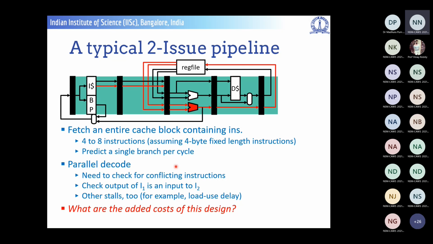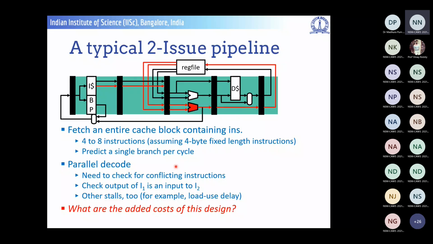Now remember that in fetching instructions, there will be cache blocks that contain the instructions that you will have to execute, and a single cache block would have multiple instructions in it.